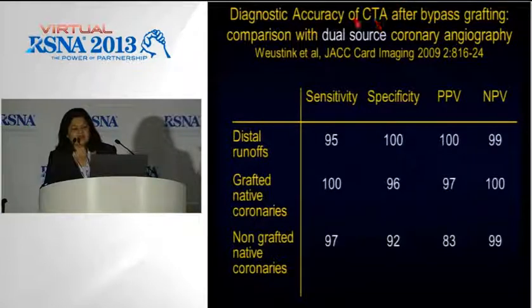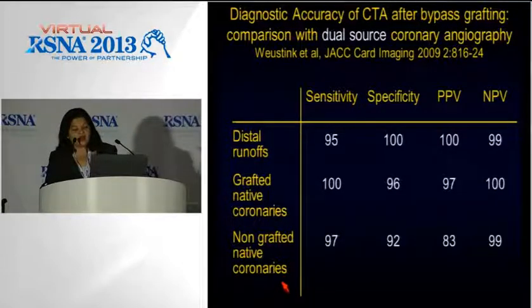When we look at dual source CT, in this paper they were looking at not just the graft patency, but they were looking at distal runoff vessels, the grafted native coronaries, and the non-grafted vessels. And you can see that for the distal runoff, the sensitivity was 95%, but specificity, positive predictive value, and negative predictive value very high. For the grafted natives, excellent sensitivity, negative predictive value, and very good specificity and positive predictive values.